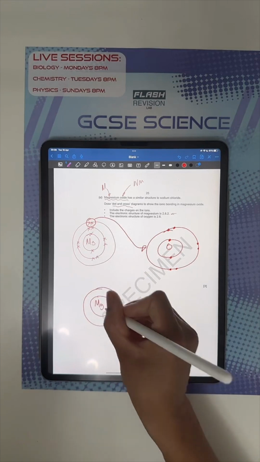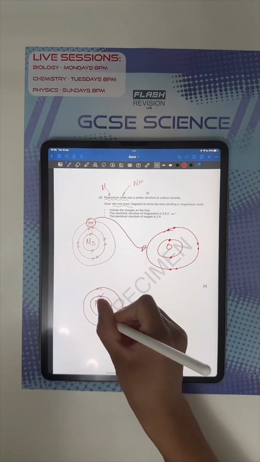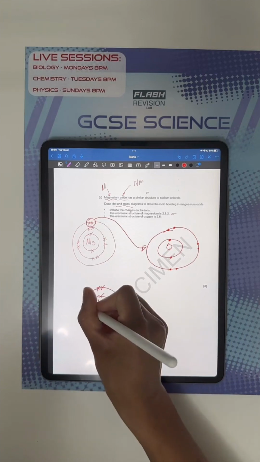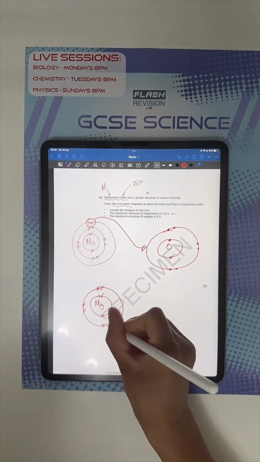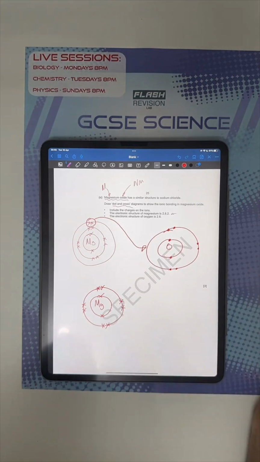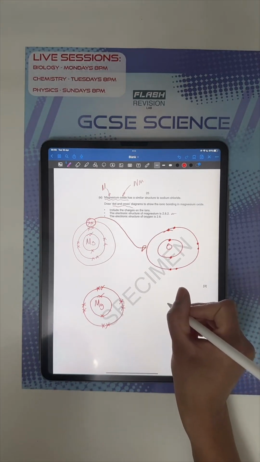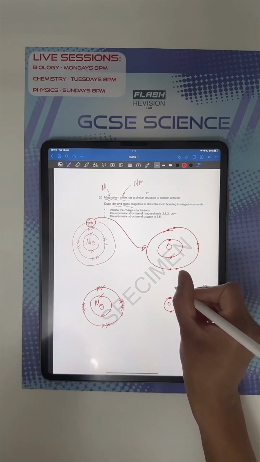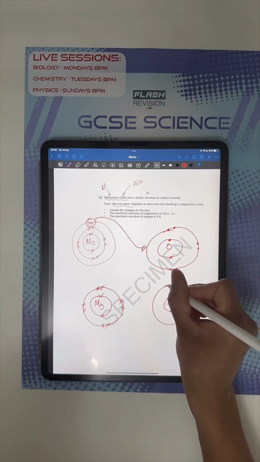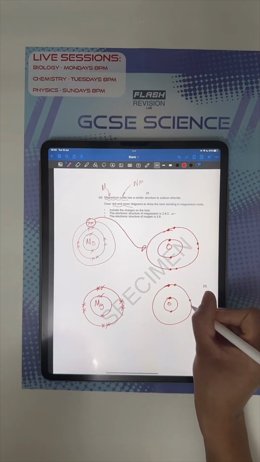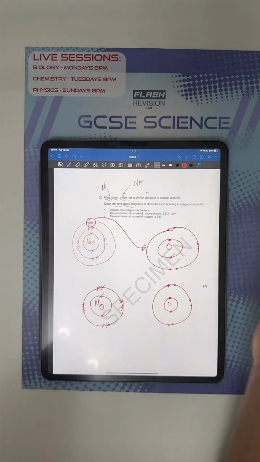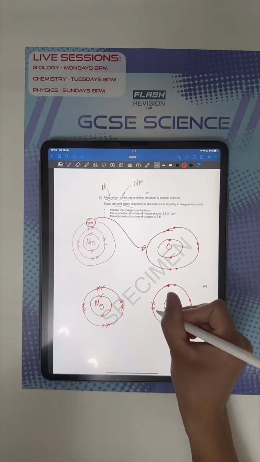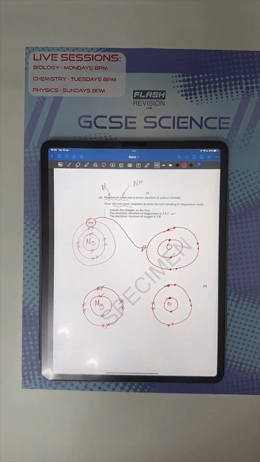Magnesium is going to have 2 less electrons. So it's just going to be the first 2 shells. So it's going to be 2, 8 now. Oxygen is going to gain 2 electrons. 1, 2. And then the second shell, 1, 2, 3, 4, 5, 6. And then the 2 crosses are going to appear here. 1, 2, because it's just gained them.